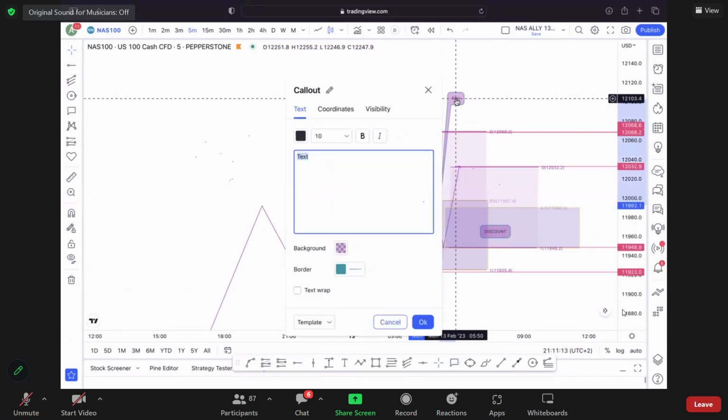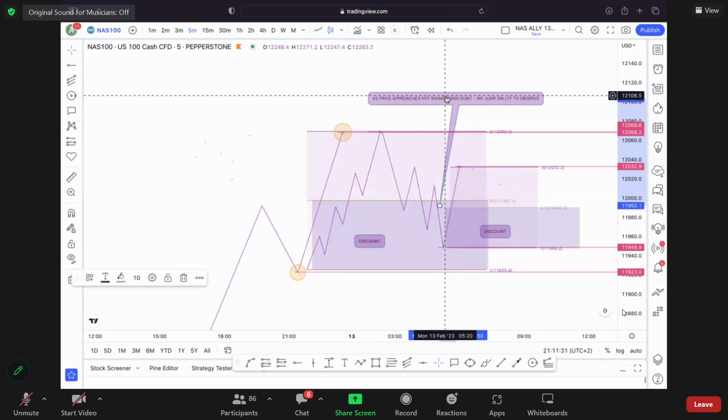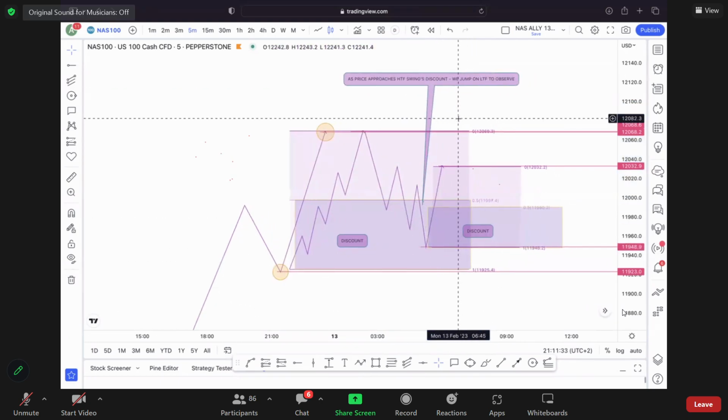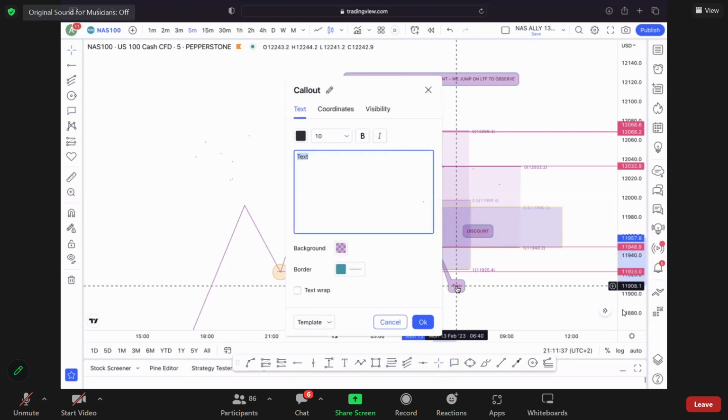So as price approaches the higher time frame swings discount, we jump on a lower time frame to observe. And now we wait for a confirmation.